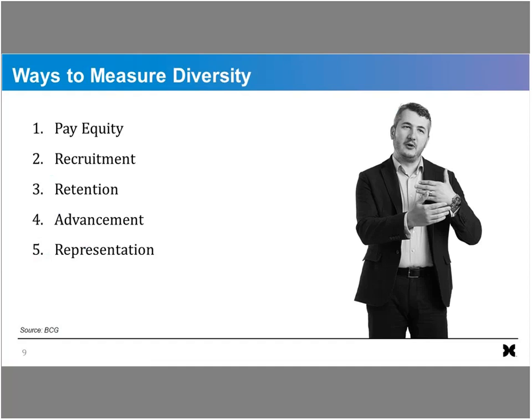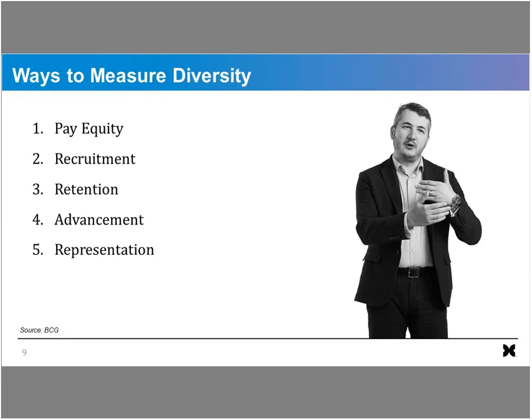Advancement, on the other hand, is in addition to monitoring the representation of minorities at the top in general, companies also need to measure the percentage promoted each year as a share of the total cohort and compare that with the promotion rates of others. Because that is directly linked with representation that many of you have mentioned in the chat.